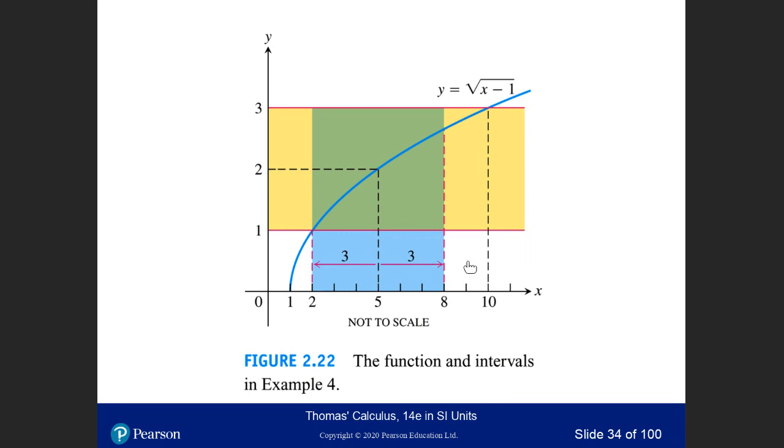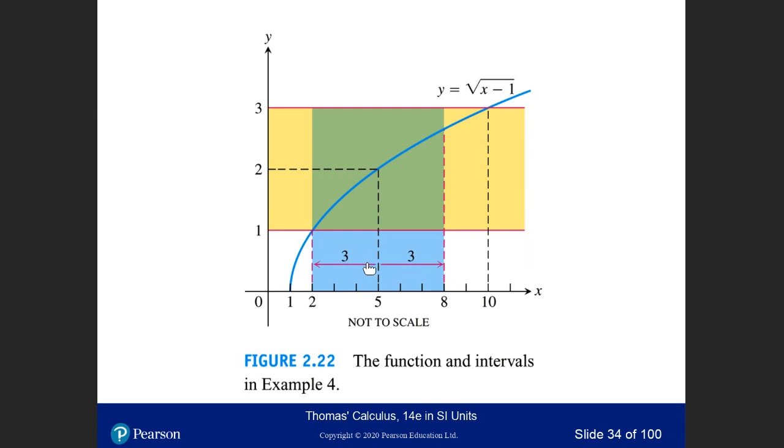But on the right-hand side, not on the left-hand side. So what shall I choose as delta? I choose delta as 3. That's 3 less than 5, because if I choose 5, I'm out of the range.